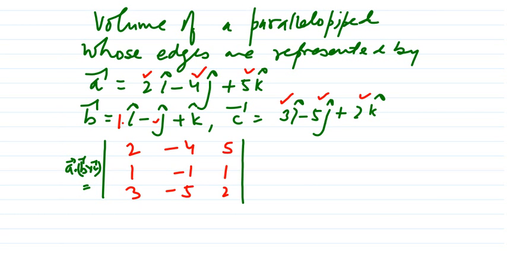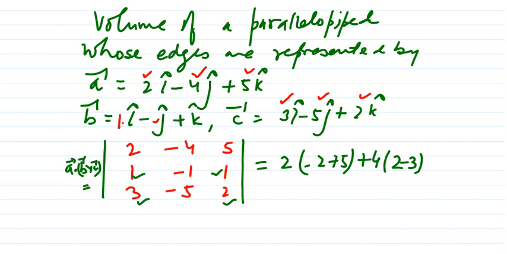Okay, so let us try this one. So 2 into minus 2 plus 5, and then taking the minus sign here, minus minus plus, plus 4, so 1 into 2 minus the product of 3 and 1, and then plus 5, which is multiplied by 1 into minus 5 minus 5, and then plus 3.